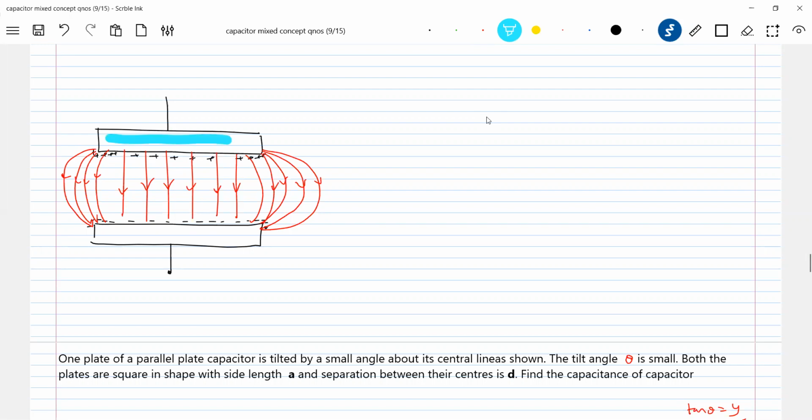This is called edge effects. Based on this, next week's syllabus will follow. Because of this field spilling out of the plates of the capacitor, we have this particular condition. What we discussed so far just focused on the middle of the plate.